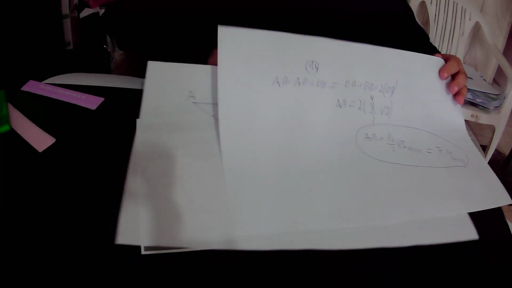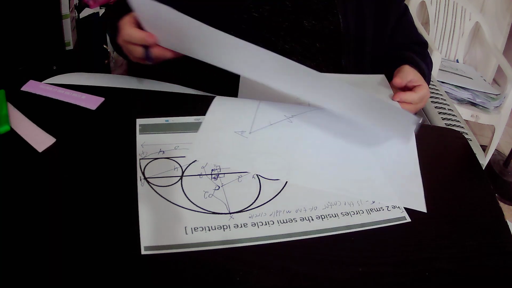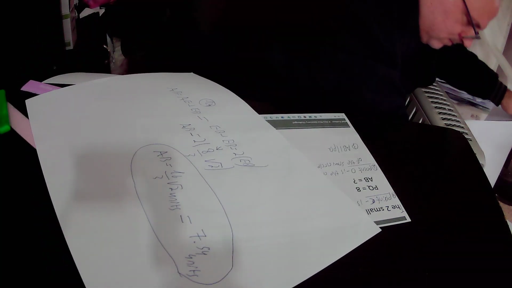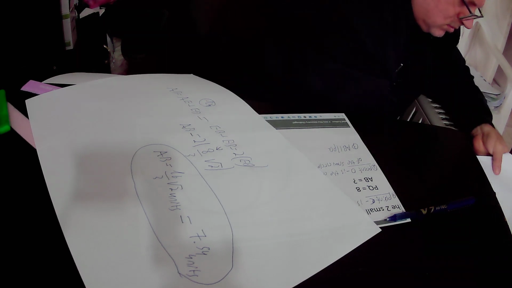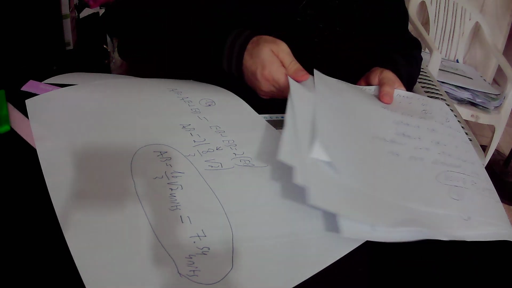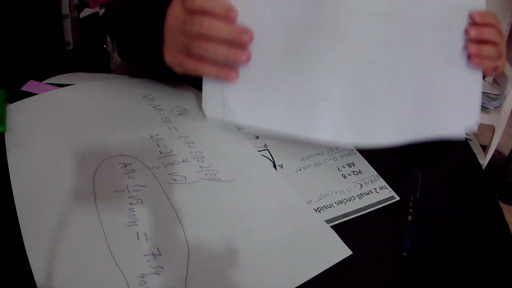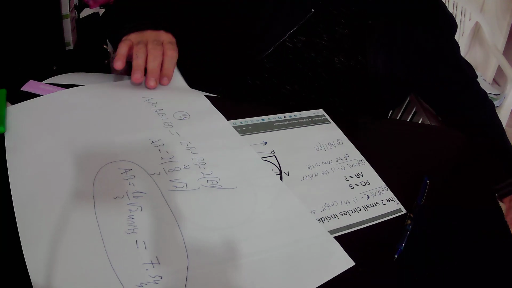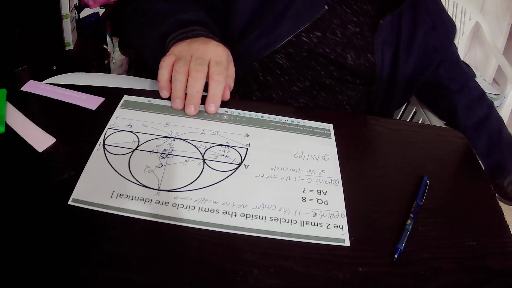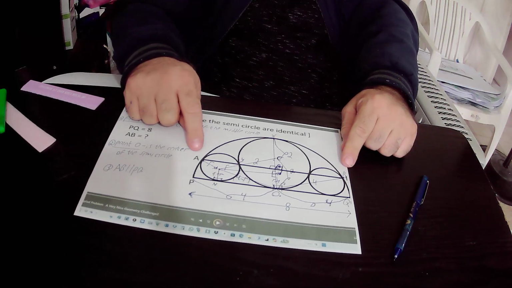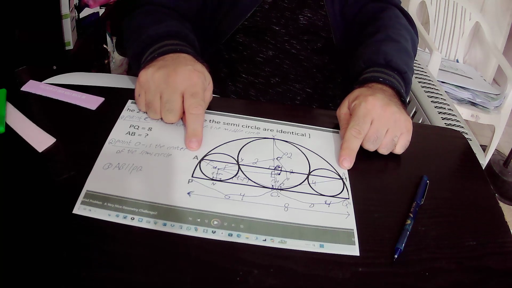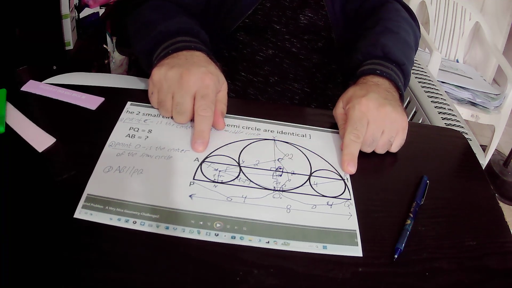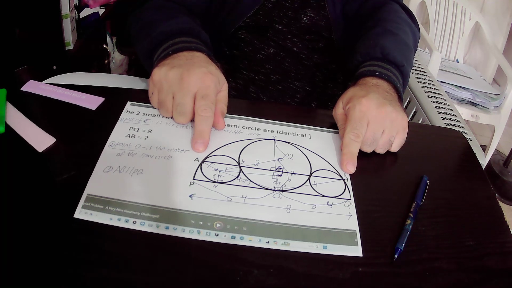I will repeat again. Here we found out that the length of chord AB, this chord, equals either 16/3 times the square root of 2 units, or in terms of numbers, 7.54 units.